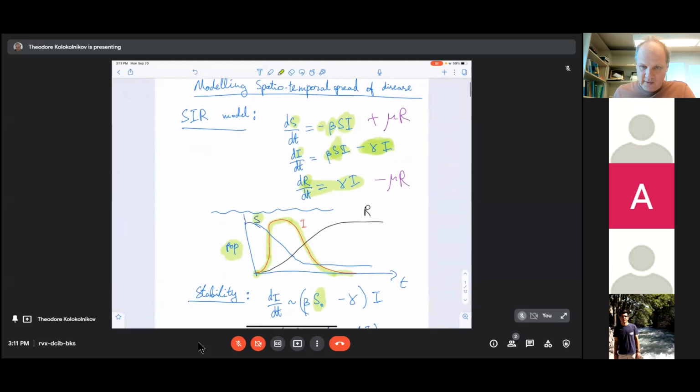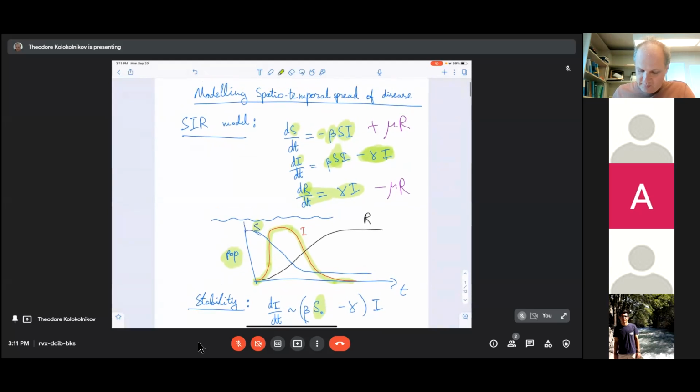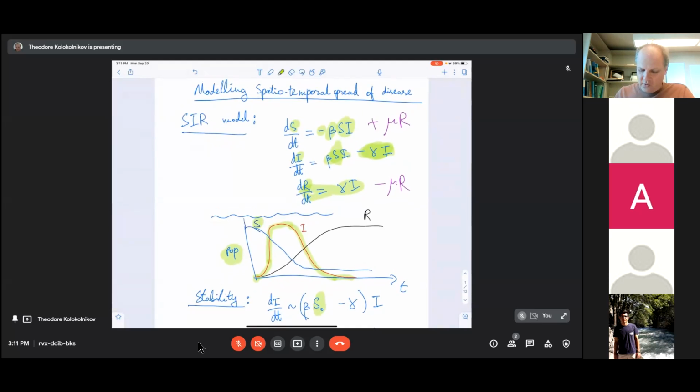Okay, and this quantity in brackets is beta S0 minus gamma. If it's negative, so if gamma is sufficiently large compared to the population size, then the disease doesn't progress, it actually decays. But if it's positive, that's when you have the outbreak.